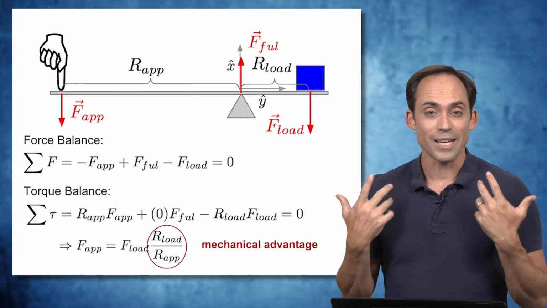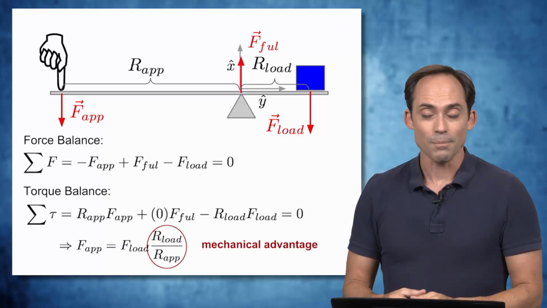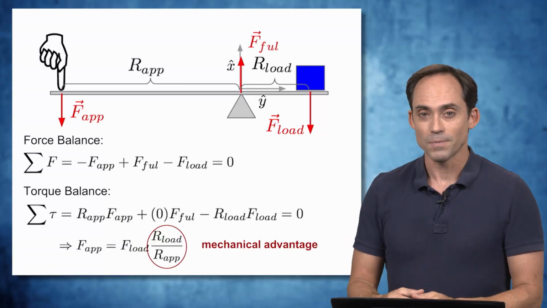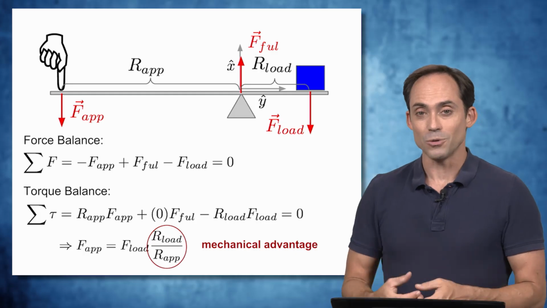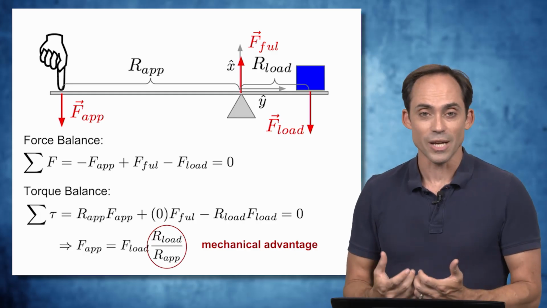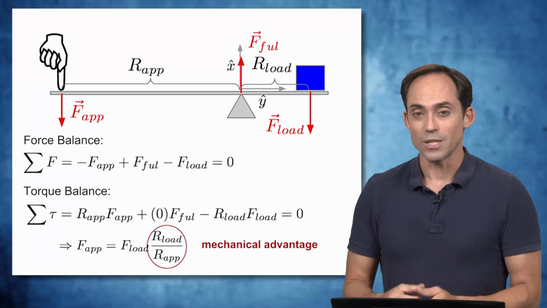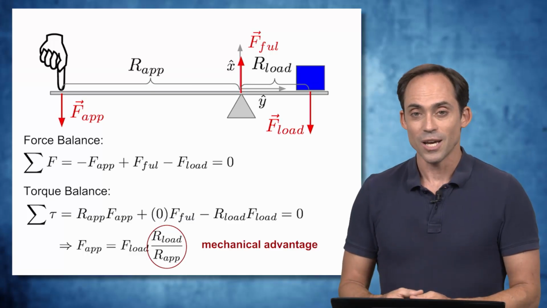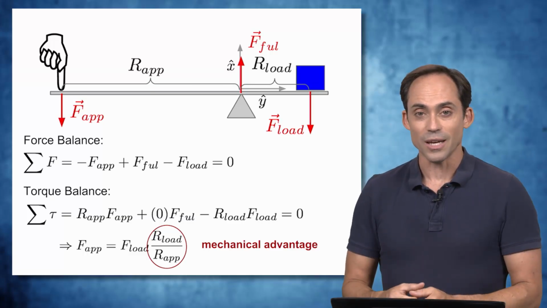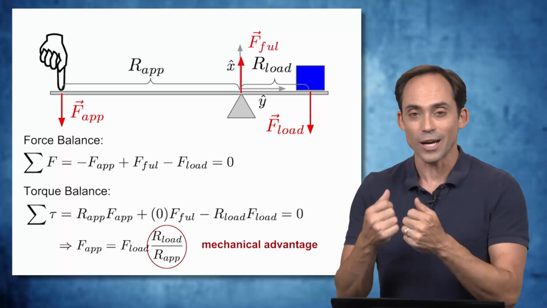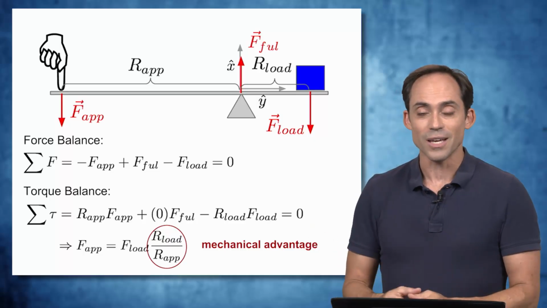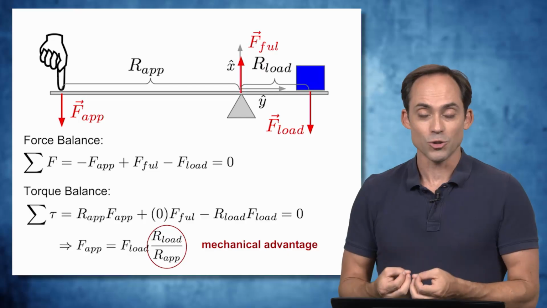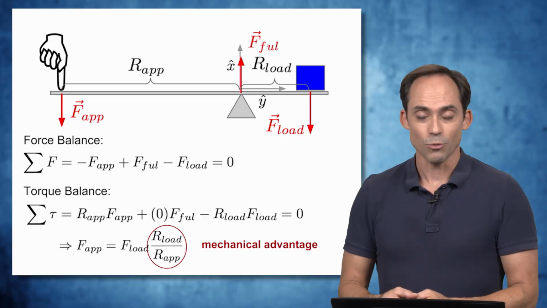So I don't have to apply nearly as much force on my end to keep that block up. This idea of being able to support heavy loads with much less force is one of the great uses for these simple levers. You can end up applying a lot of force on things like bolt cutters or nutcrackers or just lifting heavy things by careful choice of where you apply the fulcrum for your lever.